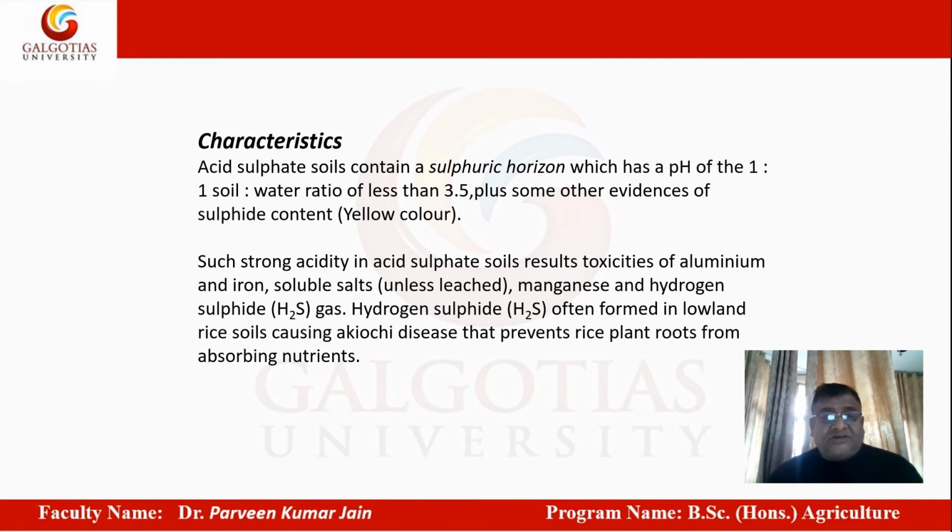Such strong acidity in acid sulfate soils results in toxicity of aluminum, iron, soluble salts, and all that. These salts may sometimes produce H2S also, which gives the soils a rotten smell. And sometimes, if we grow rice in that, this may cause some diseases in rice also.